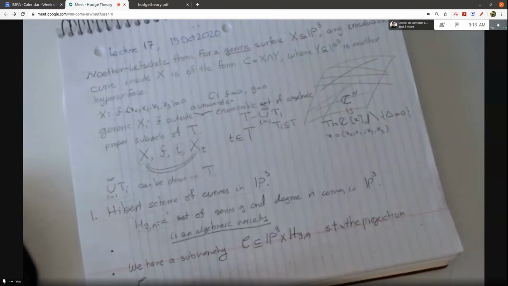So I have from C to H_{g,n} the projection, which I will call p.